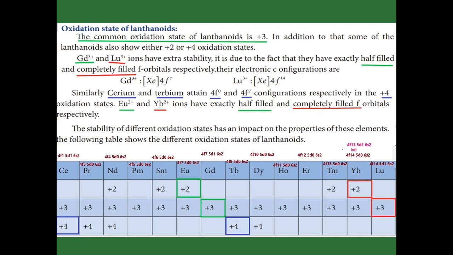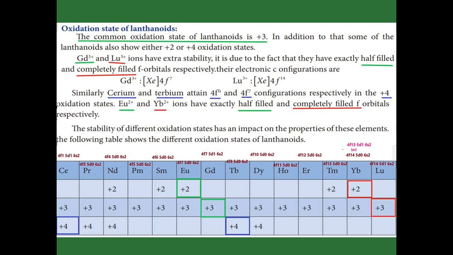Next, in cerium the common oxidation state is +3, and along with that we have another oxidation state, +4. In cerium, the outer electronic configuration is 4f1 5d1 6s2. If we lose all 4 outer electrons, it gets the oxidation number +4, and 4f0 is a stable configuration.